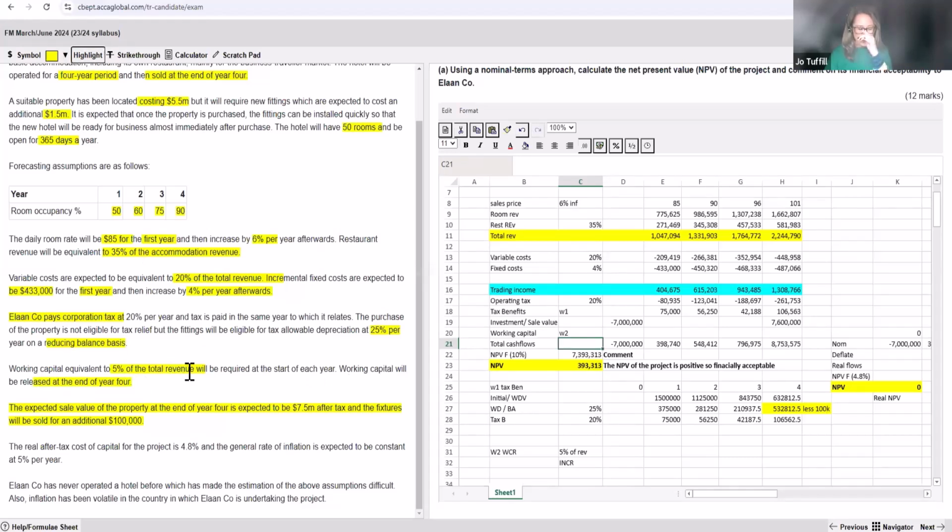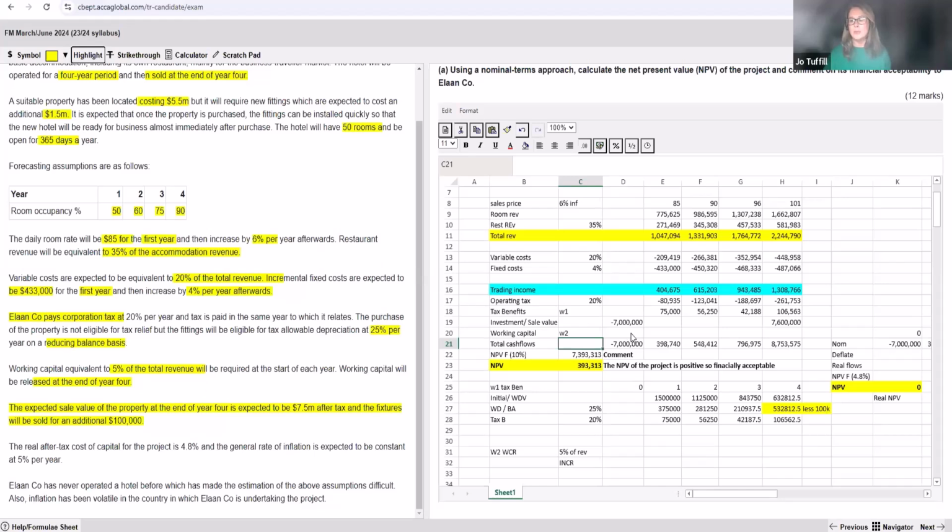Because they're closing down the project, it will be released. Sometimes if they're not closing down the project, it says it's not going to be released because the project might be continuing. You just need to read the question. If it doesn't mention anything about releasing the working capital, assume that it releases. Assumption is always that it releases because that's the default.